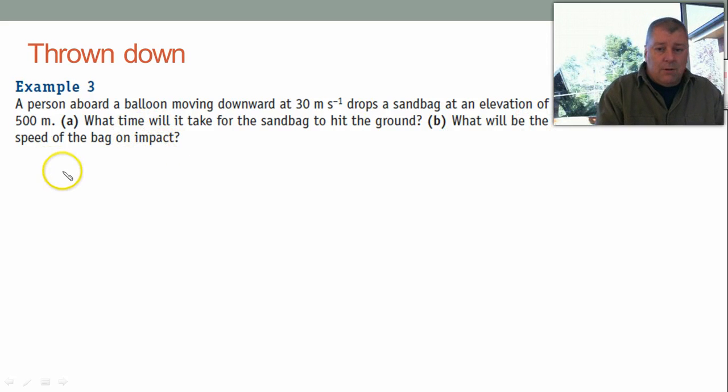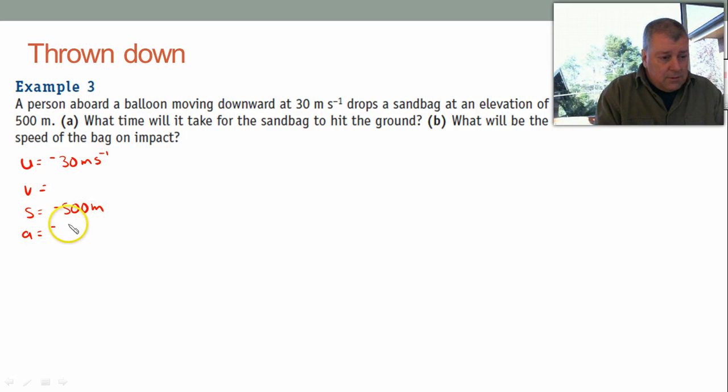If we look at what we're given, u equals minus 30 meters per second to the minus 1, v equals unknown, s equals minus 500 meters, a is our acceleration due to gravity, minus 9.8, and t is what we're actually finding. t and v are what we're finding.